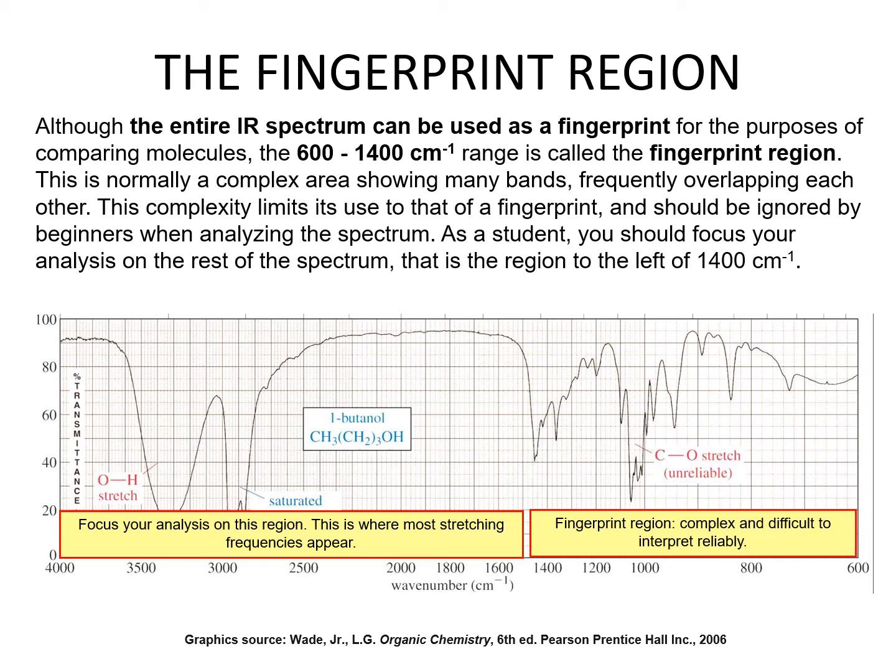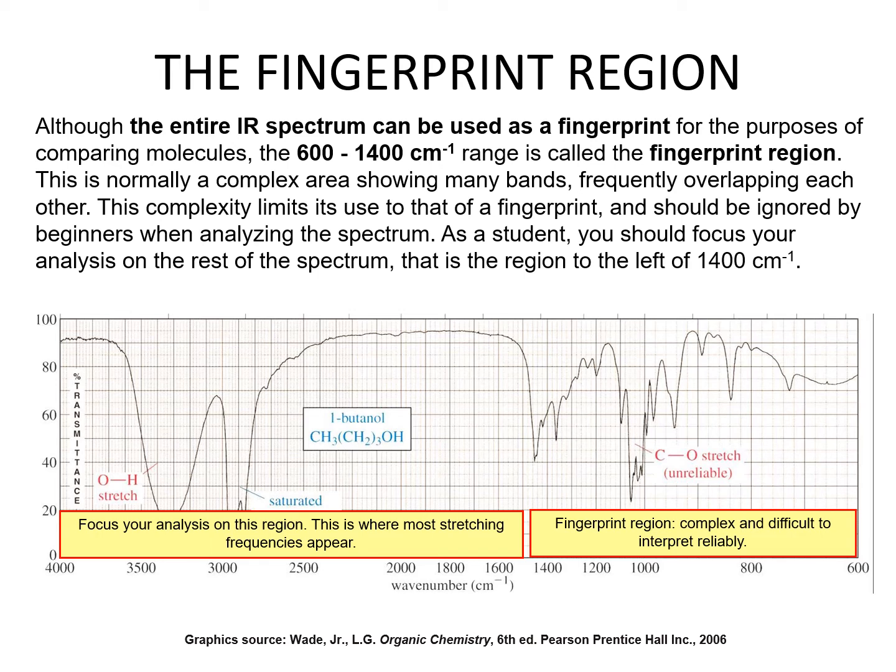In fact, the whole IR spectrum can also be used as a fingerprint region because, like I said before, if you compare the IR spectrum of a known compound with the IR spectrum of an unknown compound, if they are the same, it means the unknown compound is that compound, right? So that's also another way to say that the IR spectrum, as a whole, is a fingerprint region.